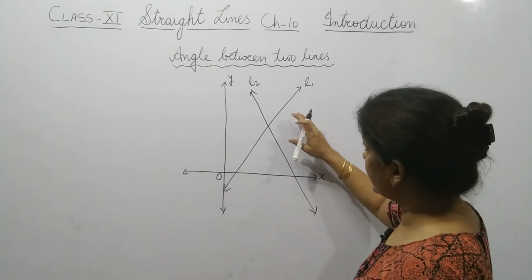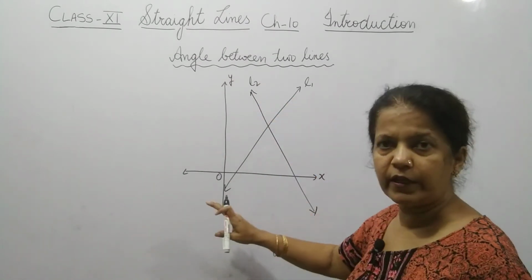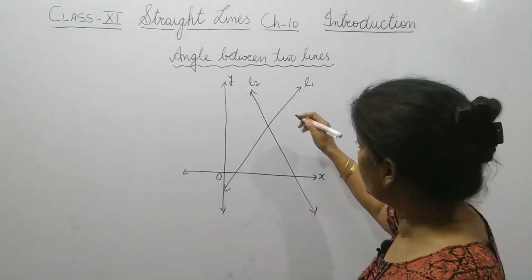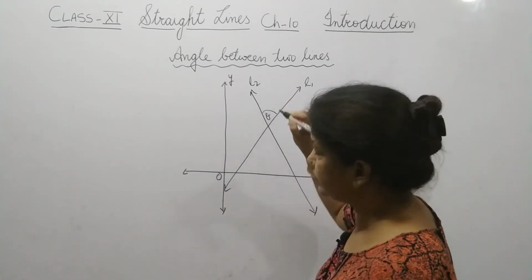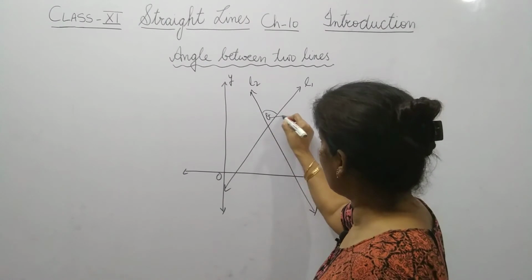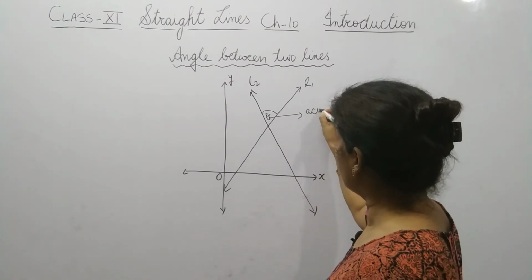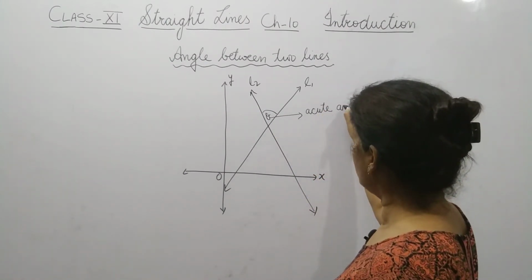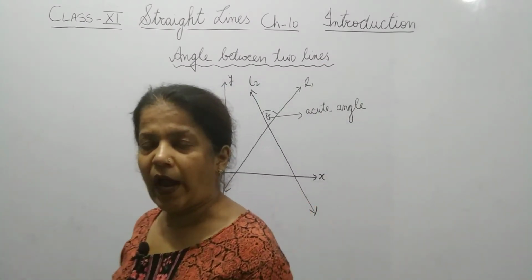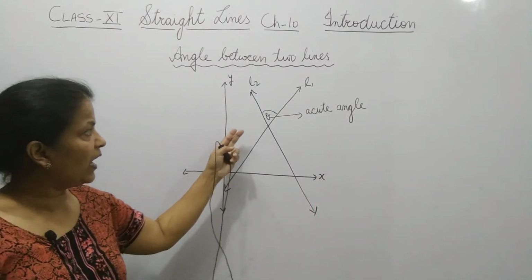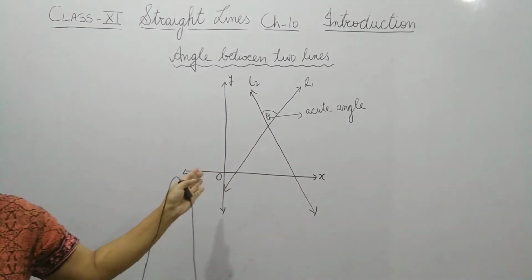Now the question is, if between two lines, let it be L1 and L2, the angle between two lines is theta. Remember, this theta should be acute angle. Acute angle. Okay, and you have to find out the angle between these two lines.